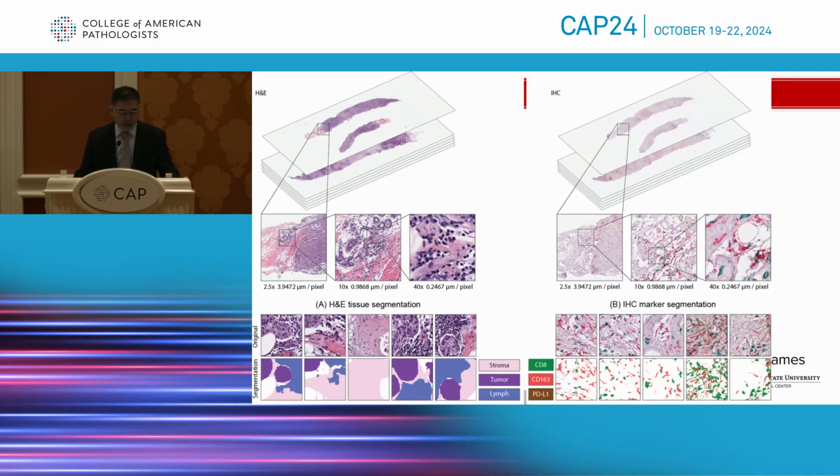So we extract the image features from both HE slides shown here and also the multi-IHC stain slides as shown here.